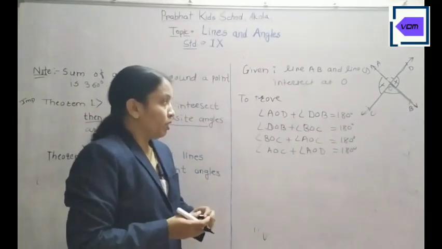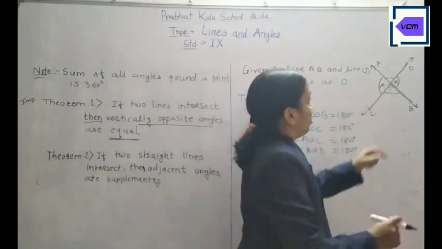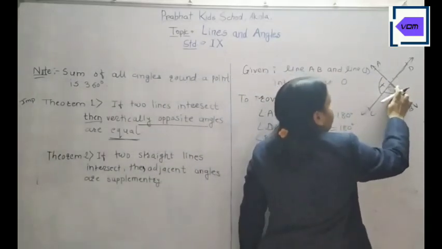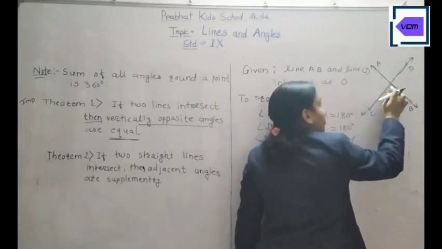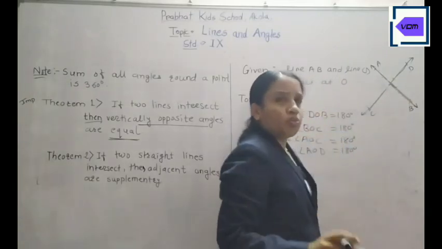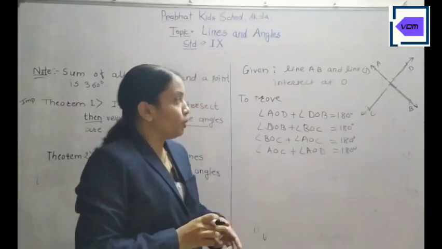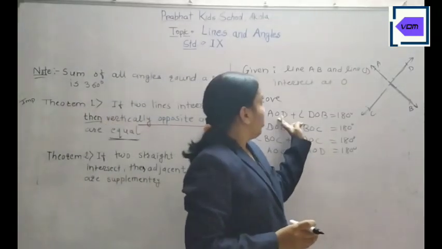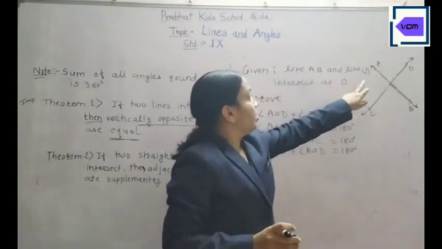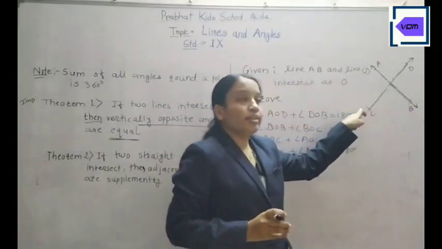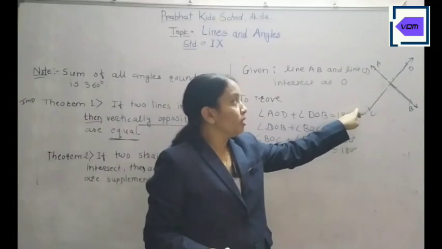Now how to prove? Okay, let's see. You can use the vertically opposite angle theorem also, or you can prove it using both axioms only. Now AOD and DOB. If you observe, AB and CD are what?